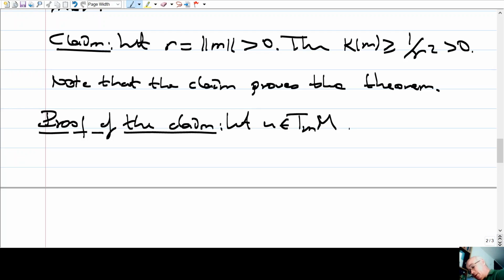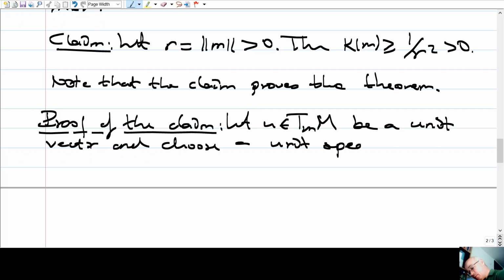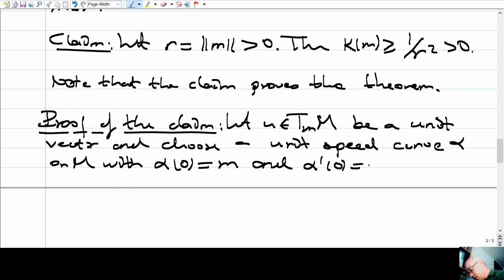And choose a unit speed curve alpha on M with alpha 0 equal to m and alpha prime 0 equal to u.